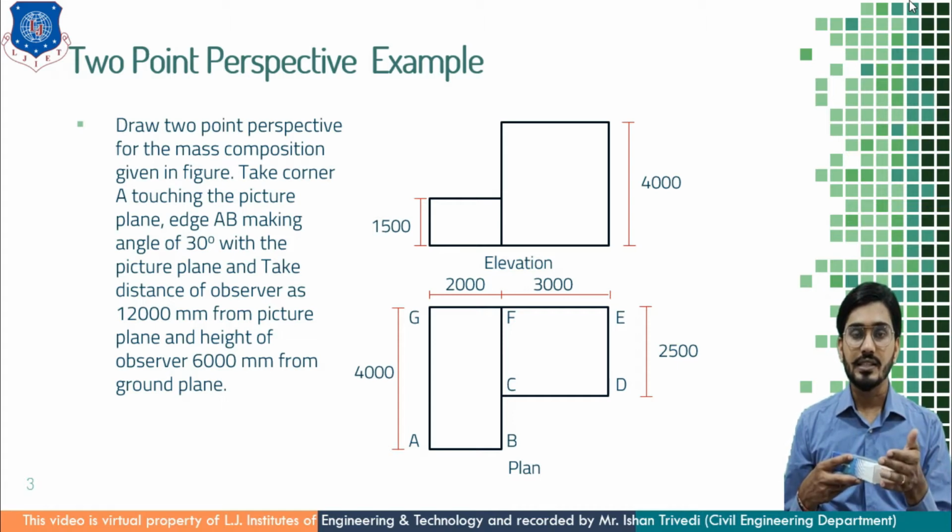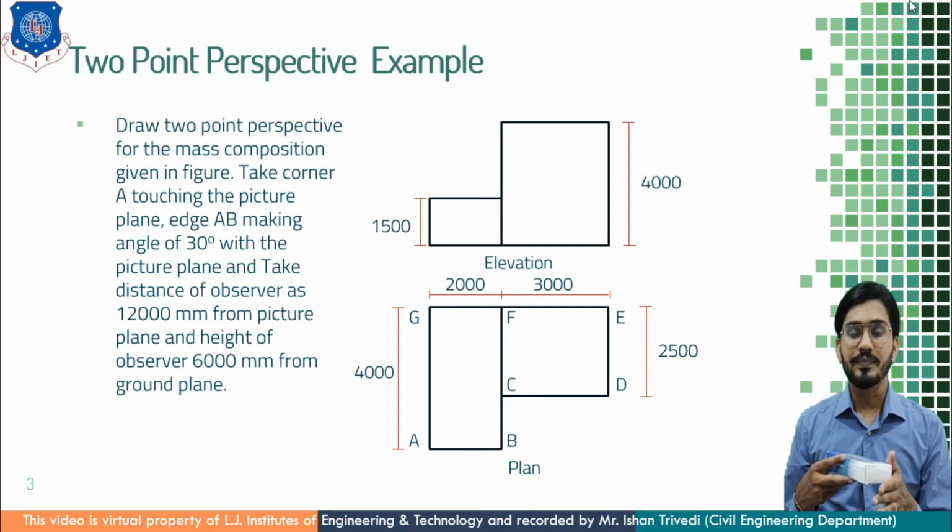In the reverse case, if I deduct from 180, from this horizontal line it makes an angle of 60 degrees. So from here it is 30 degrees and from this side it will be 60 degrees. So this will be clear.